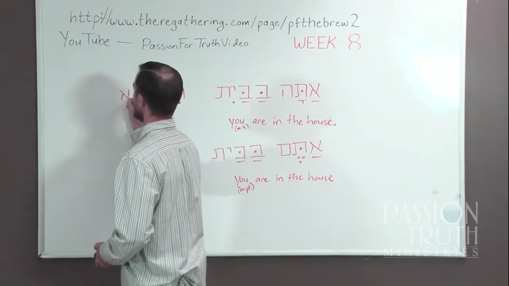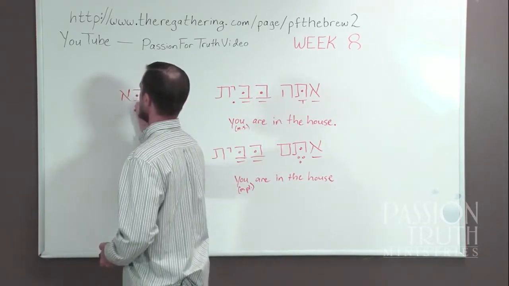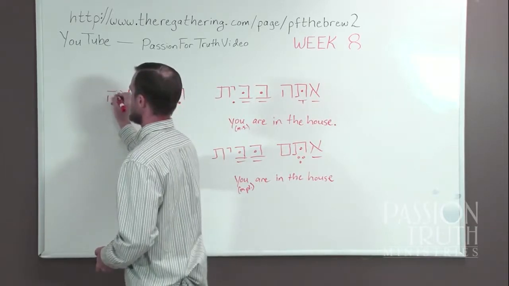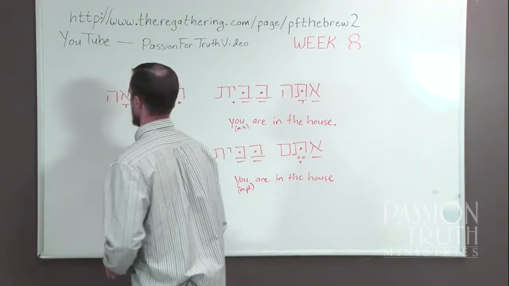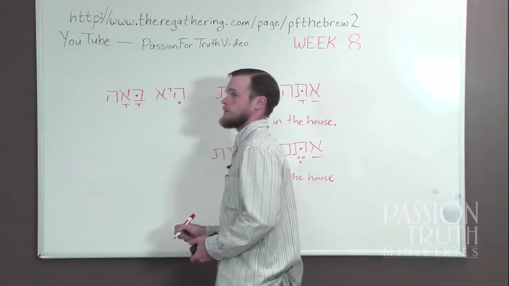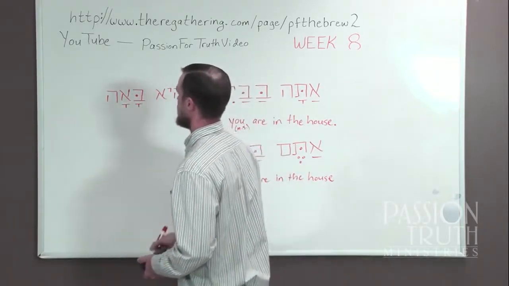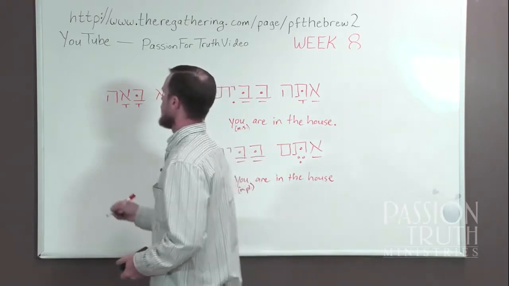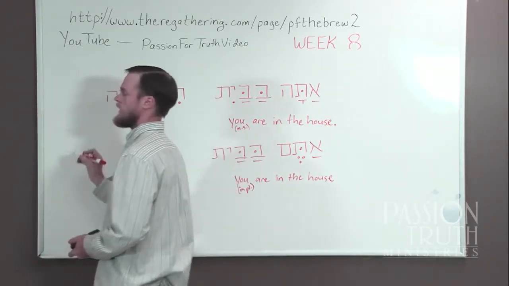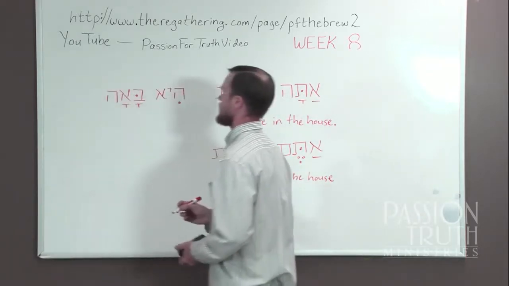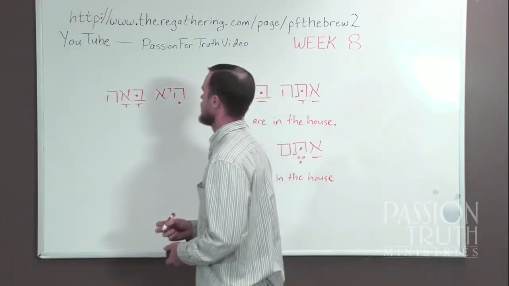Coming is ba, but since he is feminine, we have to use the feminine form. We have to match the gender of the verb with the gender of the subject. So he, ba'a. Is coming to the house. She is coming to the house is what we're shooting for here.